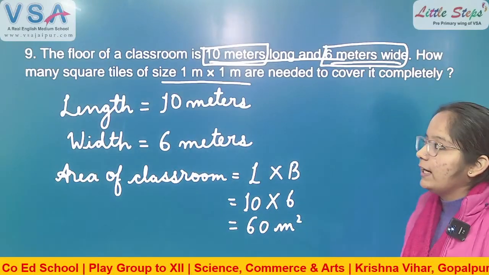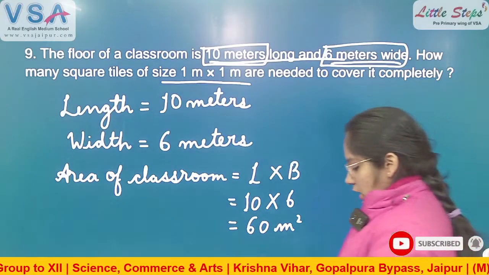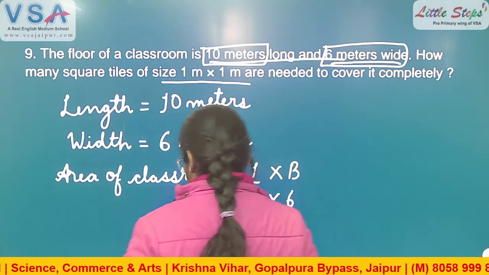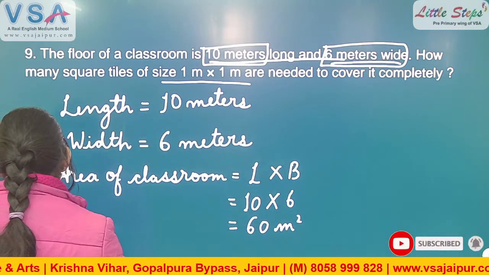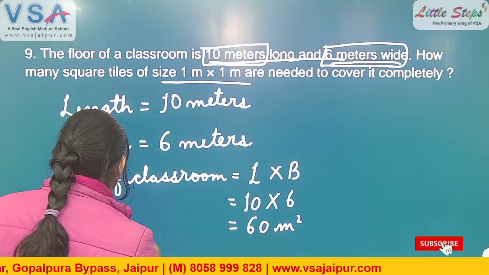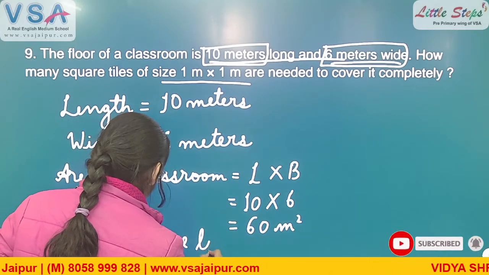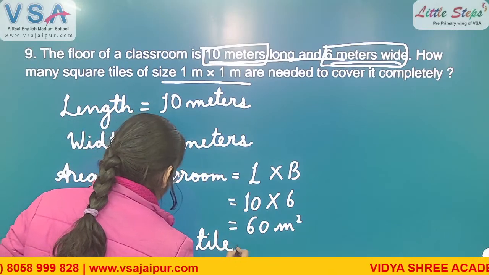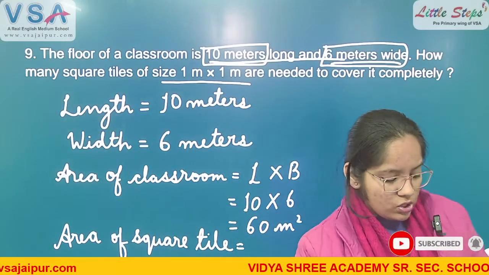Now we have to find the area of the square tiles. So when we are talking about the area of square tiles, we have to first see the shape of this one. So what is the shape?